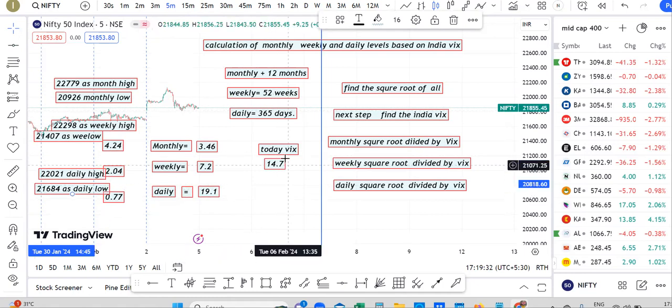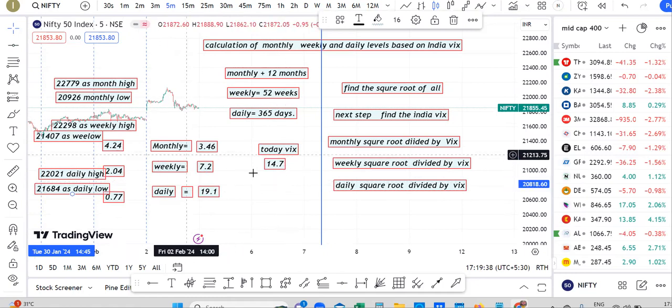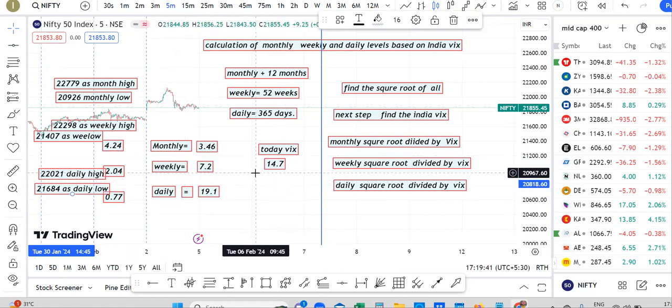You know the value of India VIX by dividing it instantaneously. You can make a calculator also if you know how to do it in Excel. By automatically feeding the levels, you can get the values for the monthly, daily, and weekly.